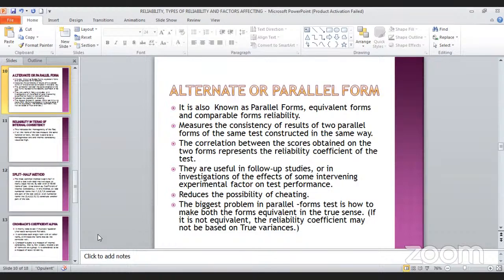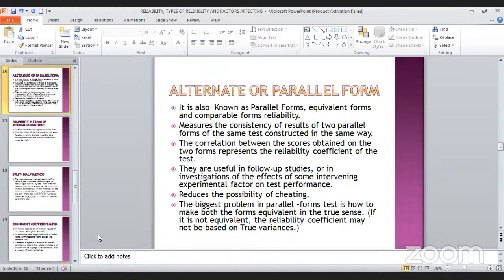But for clerical aptitude, or aptitude in psychological research, you can collect this data. We usually follow it in the GRE, TRE, and all those examinations. In ISI, we conduct examinations throughout India, and we follow alternate form.